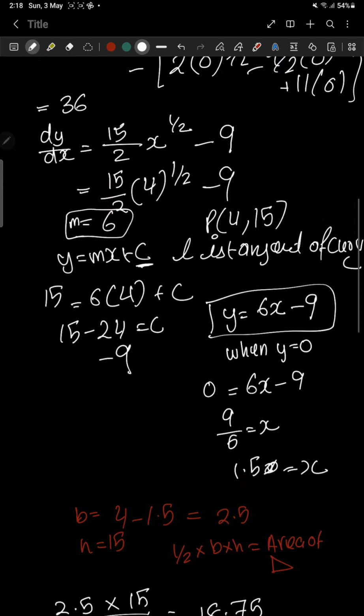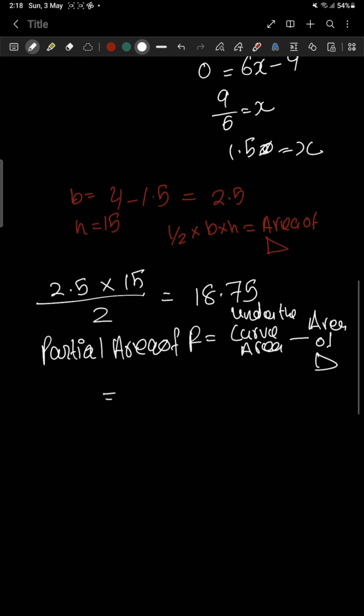The curve area we found was 36, so 36 minus 18.75 is going to be 17.25.